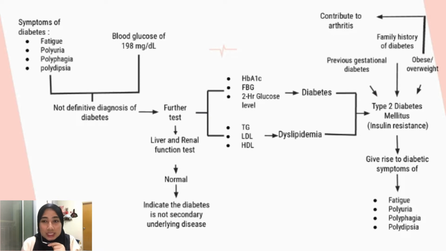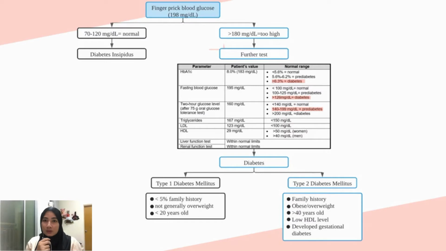Having this kind of diabetes causes her symptoms such as fatigue, polyuria, polydipsia, and polyphagia. The fact that this patient is obese and overweight is also the cause of her arthritis.